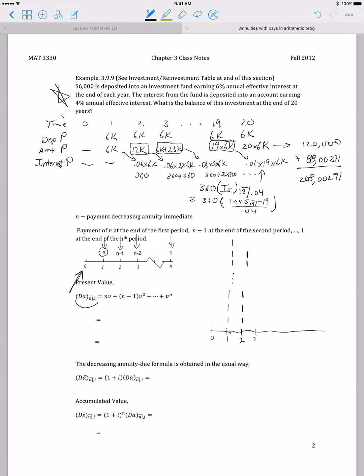And at time 3, there is again one less than at time 2. So you get this triangle-shaped stack of $1 payments over time. At time n minus 1, you have 2 of them, and then at time n, you have 1. Okay, so there's a picture of all my payments and where they're made.